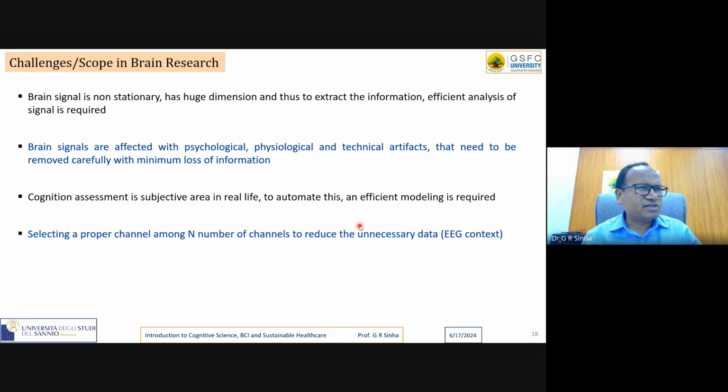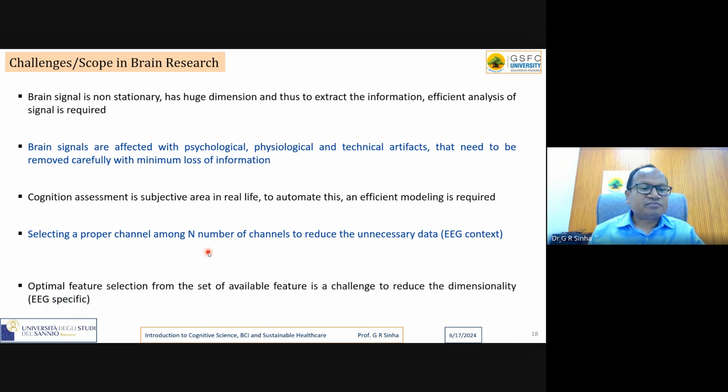There are two to three papers where this challenge, dealing with appropriate channels, appropriate features, and huge amounts of data, has been addressed. I'll send you the links of those papers.